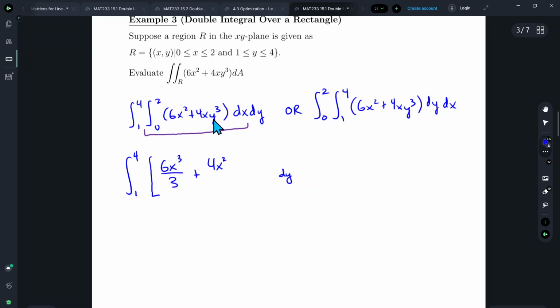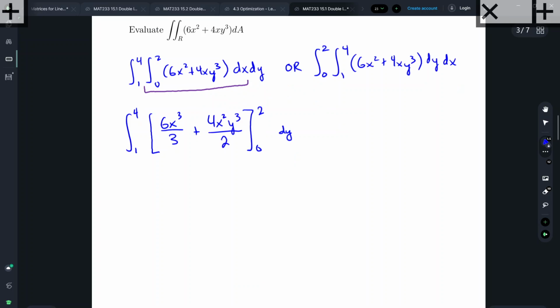I'm thinking of y as being a constant, so this stays unchanged. And then I divide by the exponent for x, so that was 2. Okay, so that's the antiderivative, and it needs to be evaluated at the endpoints, from 0 to 2.